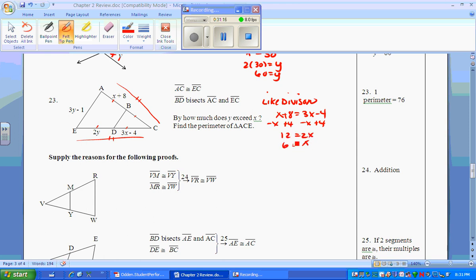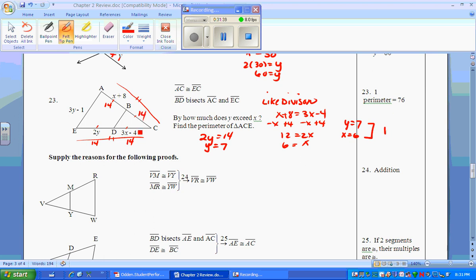So x equals 6. When I plug it back in, this makes this piece 14, which means this piece has to be 14. So 2y is equal to 14, so y equals 7. So how much does y exceed x? If y equals 7 and x equals 6, it exceeds it by 1.